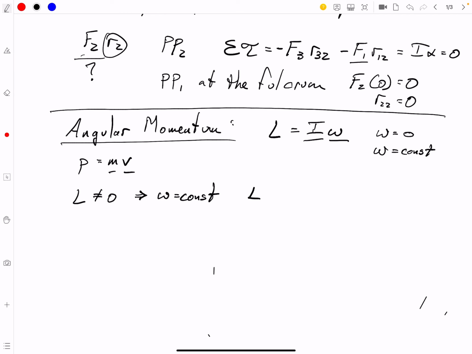So let's do delta L equals, if omega is a constant, delta L equals 0. That implies that the final is equal to the initial.